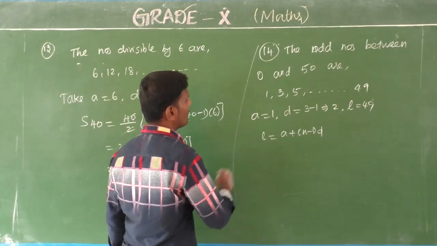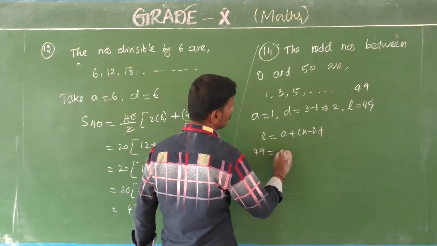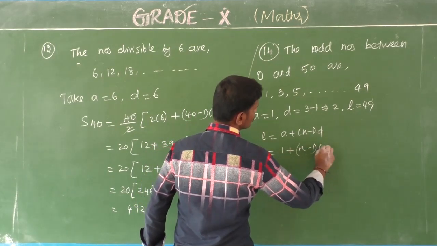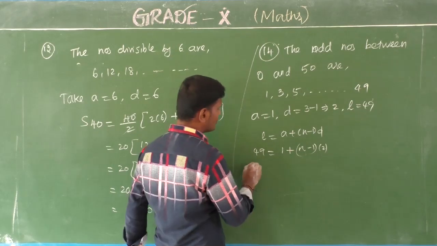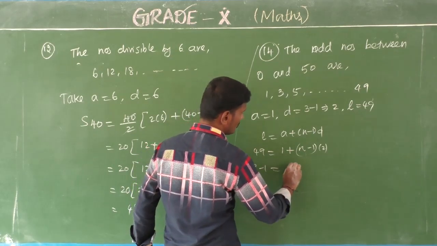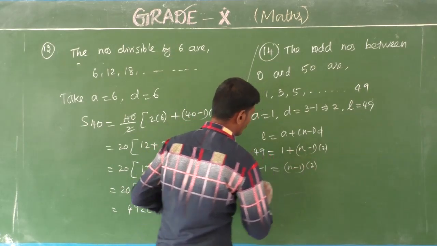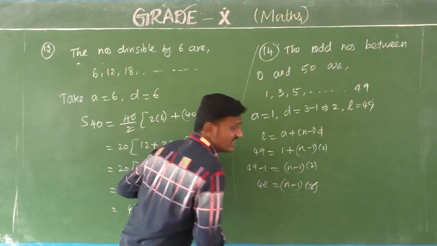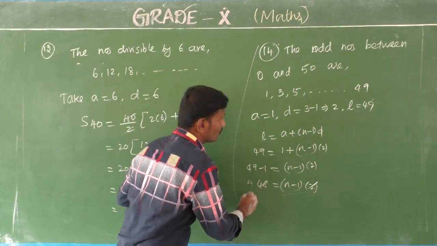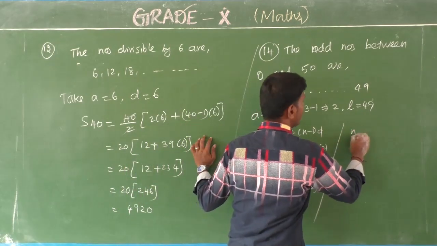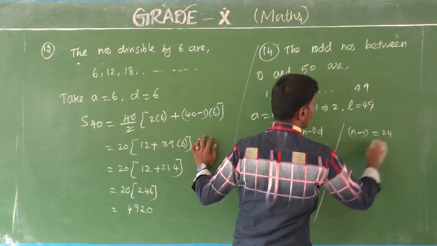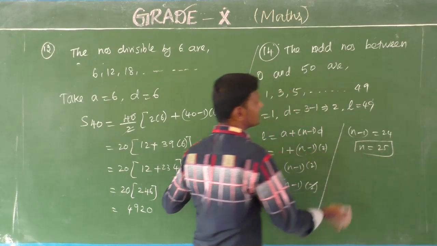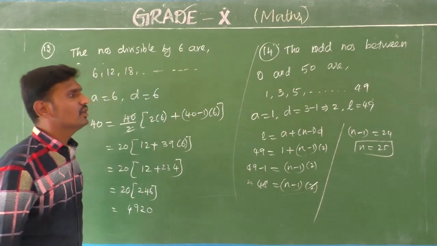You have L is 49 equal to a is 1 plus n minus 1 into d is 2. So plus 1 want to come that side, 49 minus 1 is equal to n minus 1 into 2. So 48 is equal to n minus 1 into 2. So directly cancel, 1 2s are 2, 24 2s are 48. Now n minus 1 equal to 24. So n equal to, very simple, 25. Minus 1 moving that side, plus 1. Okay. So n equal to 25.